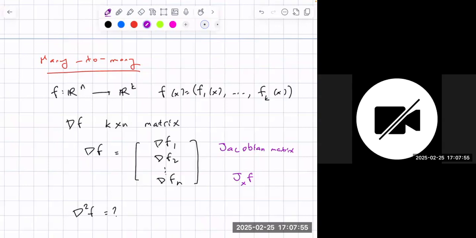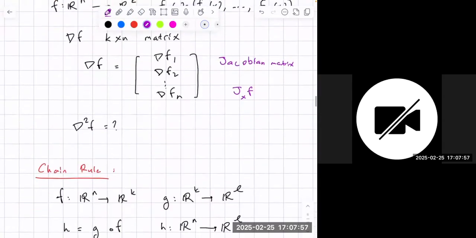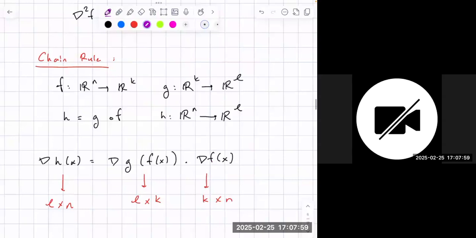Okay. So that's how you set up the language, and now you can do chain rule with however many variables you would like. How is this going to go? Suppose my function is going from n to k, and I find another function going from k to somewhere else, and I put them on top of each other. Now I got yet another function, which is going from here all the way up to here right away, right?